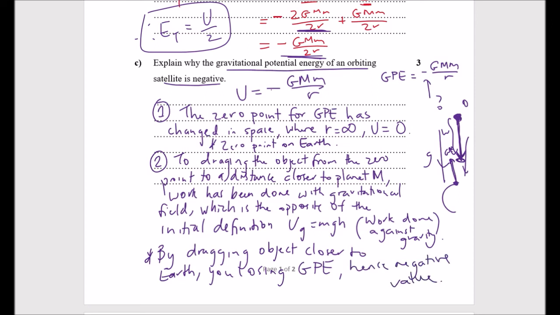So that's how I like to interpret it. I like to interpret it either as work being done by the gravitational field, so that's why we see it as a negative value, or you can think of it as the object losing gravitational potential and gaining kinetic energy as you take it from the zero point closer to the planet. Either way, both answers would be fine. I like to say it's just work being done by the gravitational field. All right, and so that is that for the question.